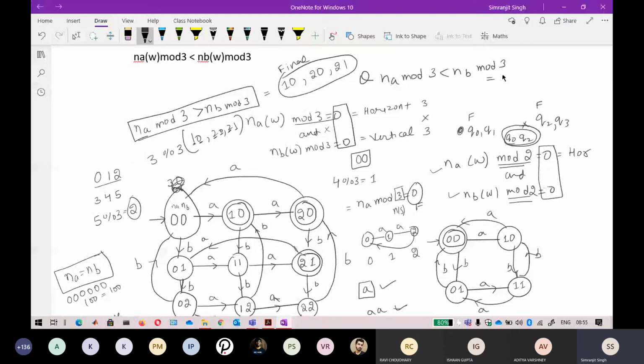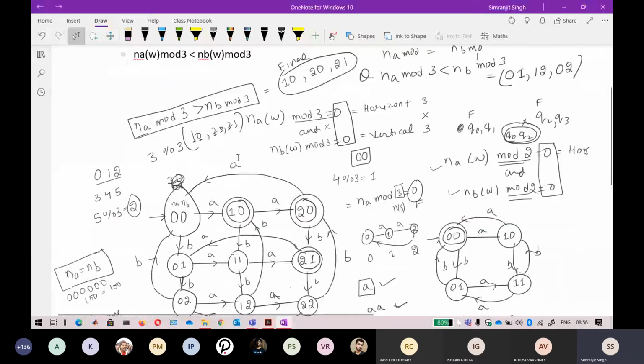So number of A's should be less than number of B's, so 0 1 will be a final state, another one will be 1 2, and another one can be 0 2. Okay, so just make these all final states. If you want number of A's mod 3 equal to number of B's mod 3, what do you do?